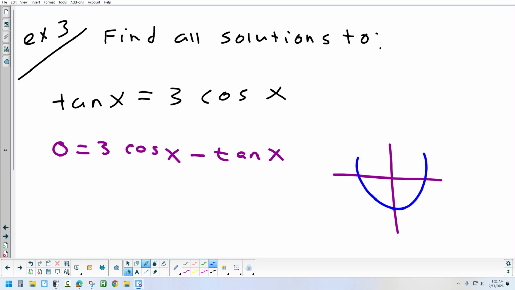If you had put everything on the other side, you might have gotten a picture like that. So yes, it does change what the graph looks like, but it doesn't change the x-intercepts. You just got to put everything on one side. Okay, what's the period of cosine x?